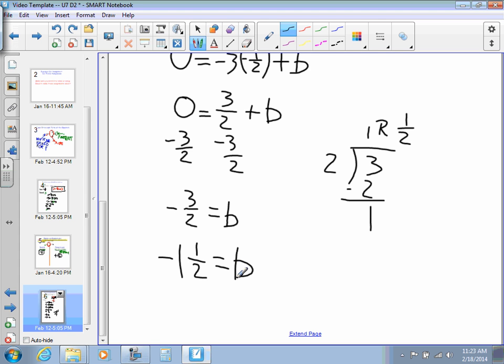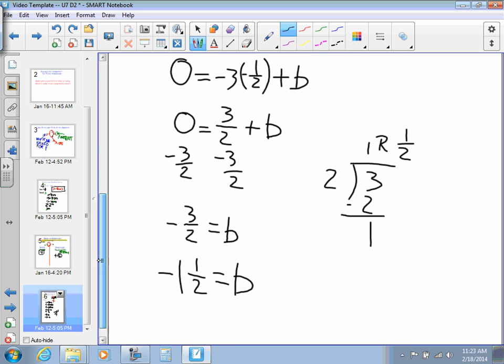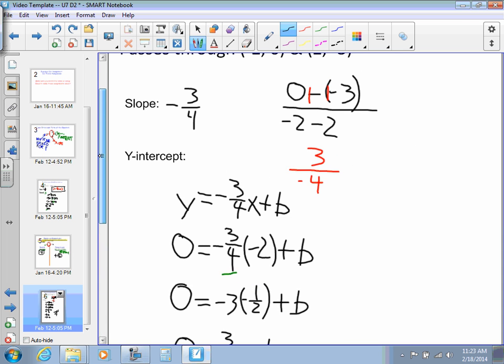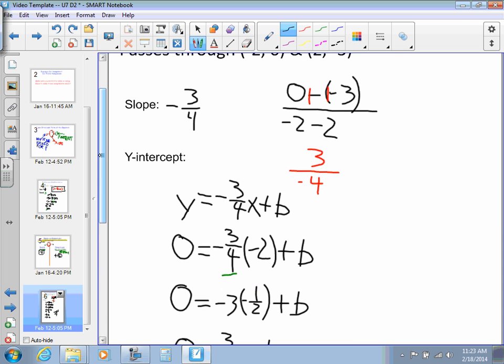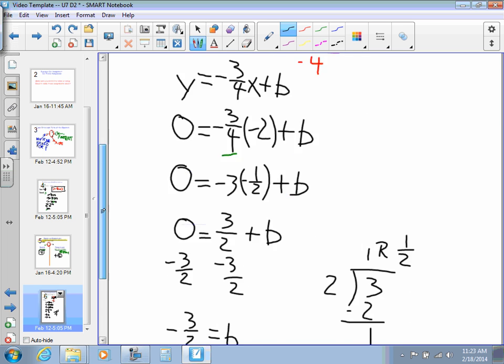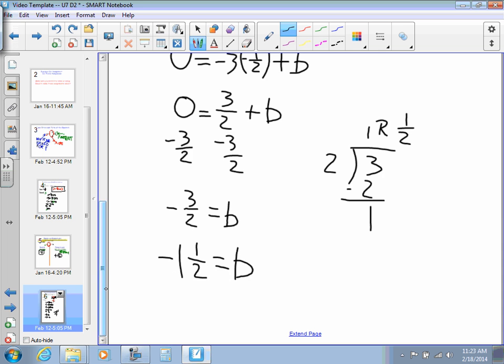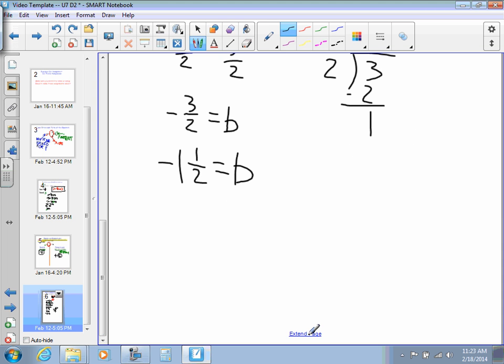Okay, so now I'm going to go ahead and use the negative 1 and 1/2 here in my equation and write the equation. So now I have, you know what, negative 3/4. So I'm just going to write the equation down at the bottom. So I have y equals negative 3/4 x.